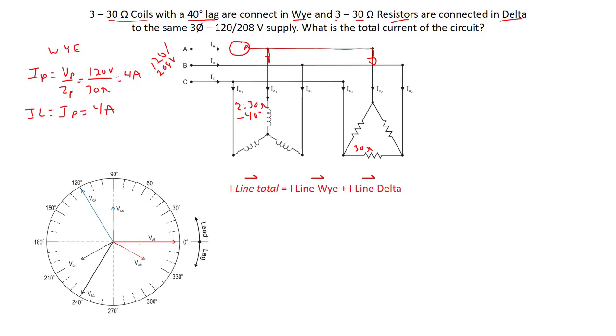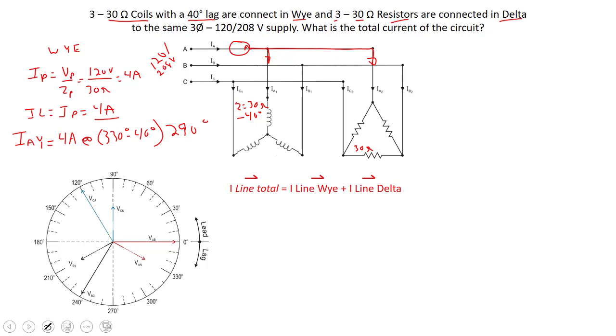When we do that, we have to plot the phase voltage down 30 degrees. Normally that would be at 0, but now it's plotted at 330. So we can figure out what angle this current is going to be at. Remember, phase and line are the same thing. So if I wanted to figure out line current IA of the Y, I know it's 4 amps, the same as the phase current, and I'd have to plot it at 330 subtract 40 degrees, which is now 290 degrees.